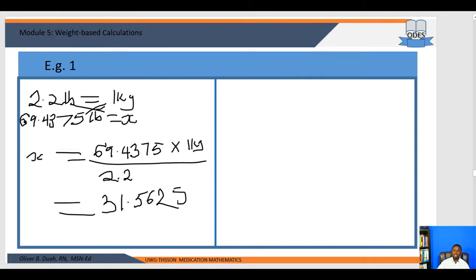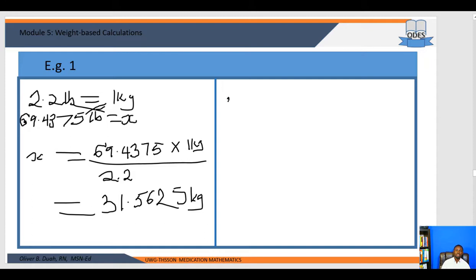And as I mentioned, you want to leave your weight to at least 4 decimal places so you don't skew your calculations. Okay, so this is our new weight. Once we have the weight, then what we do is we are going to multiply our weight by the prescribed dose. So we know the prescribed dose is 4 milligrams per kilogram per dose.